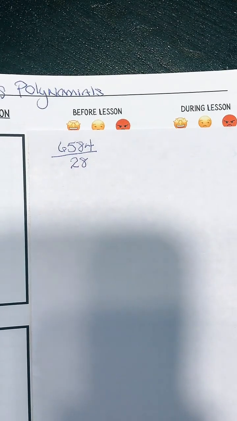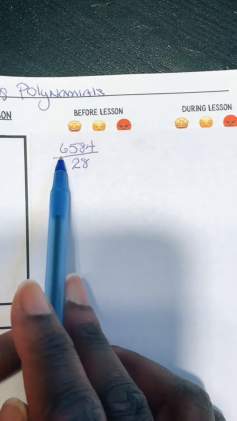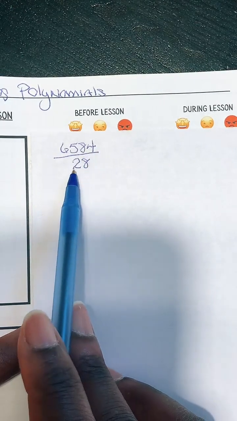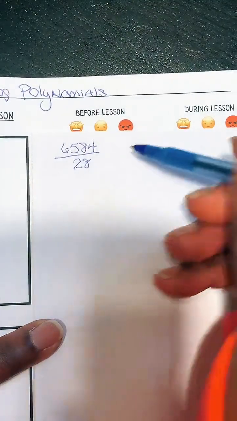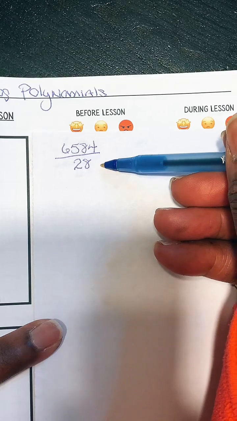I figured I should do this on a separate sheet of paper so I'm not taking up the whole thing. So I have 6,584, and I'm going to divide that by 28. Of course, I'm not going to use simple numbers. Make it easy? Are you kidding me? So this is my dividend. This is my divisor.